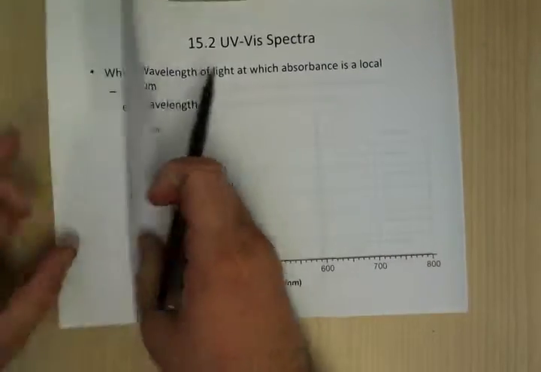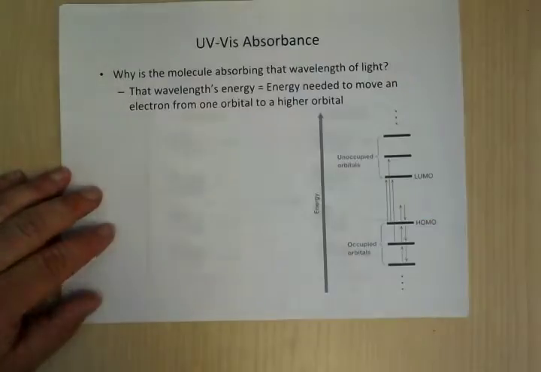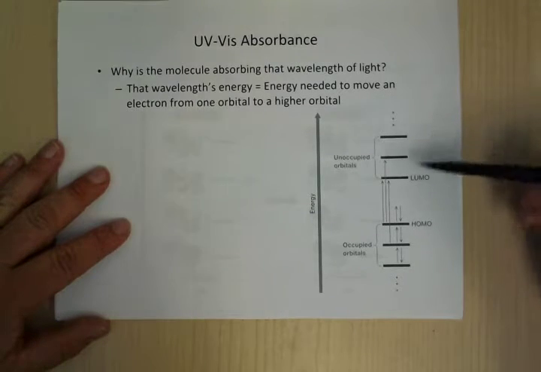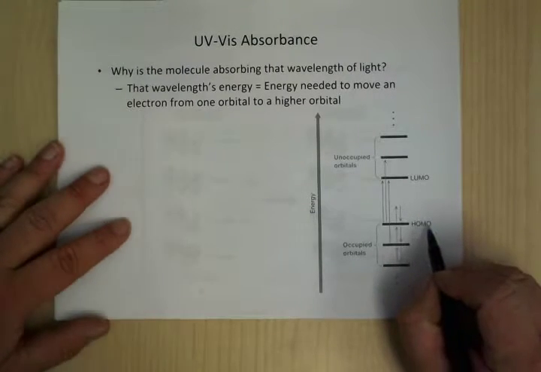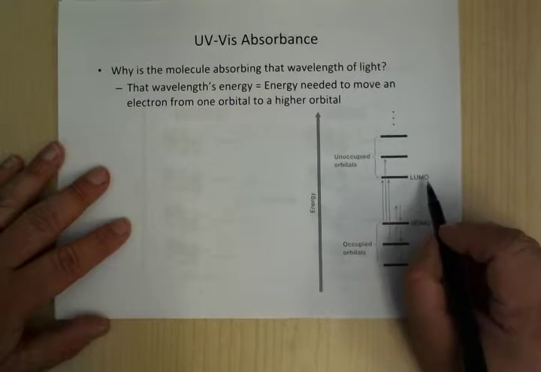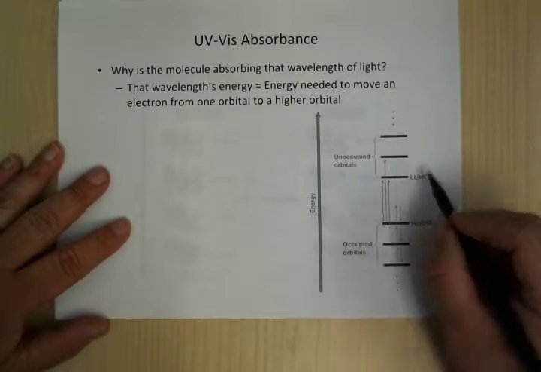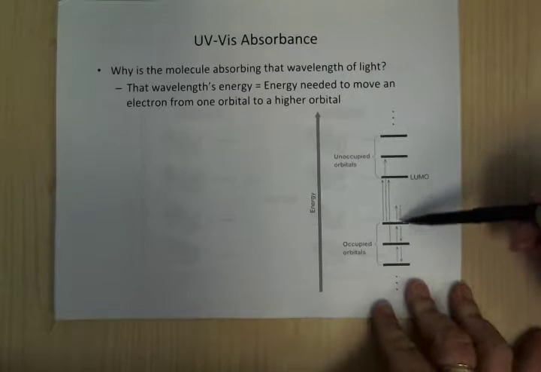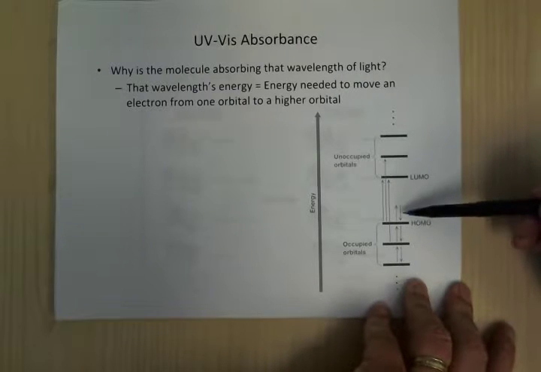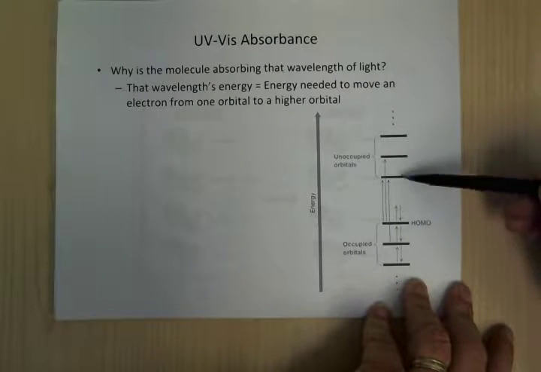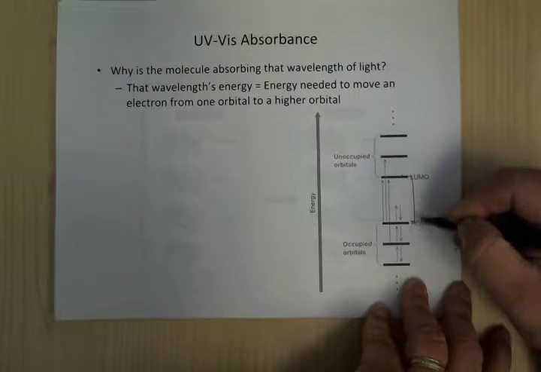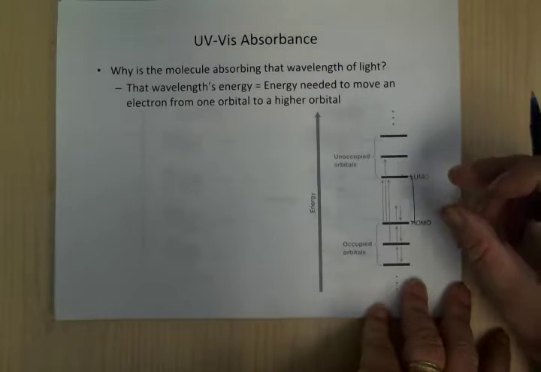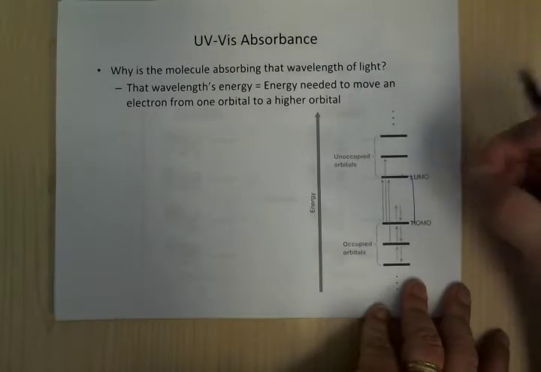And what's happening is the HOMO is the highest occupied molecular orbital, and the LUMO is the lowest unoccupied molecular orbital. You're taking an electron and putting it up into here, and this gap corresponds perfectly to the wavelength, the energy of that photon.